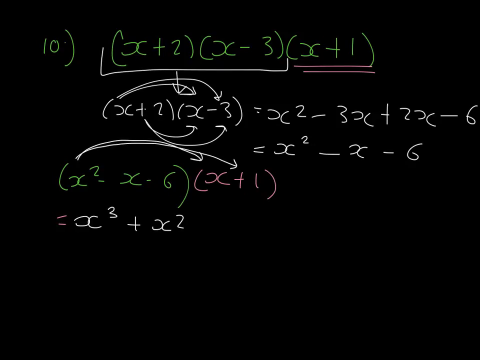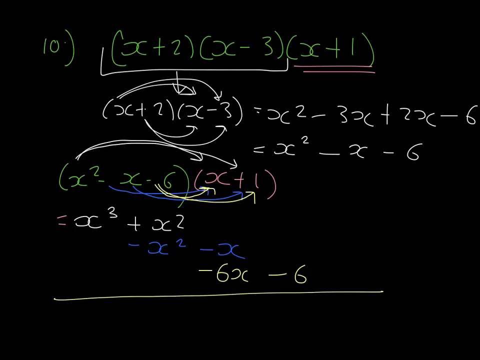Then I've got negative x multiplied by x, which gives me negative x squared, and I write it underneath the other x squared term, so it's easy to then collect like terms afterwards. Finally, negative x multiplied by positive 1 gives me a negative x. Lastly, I have negative 6 multiplied by x, which gives me negative 6x. Again, I write the x terms in a vertical stack together, and negative 6 multiplied by 1 gives me a negative 6 on its own at the end.